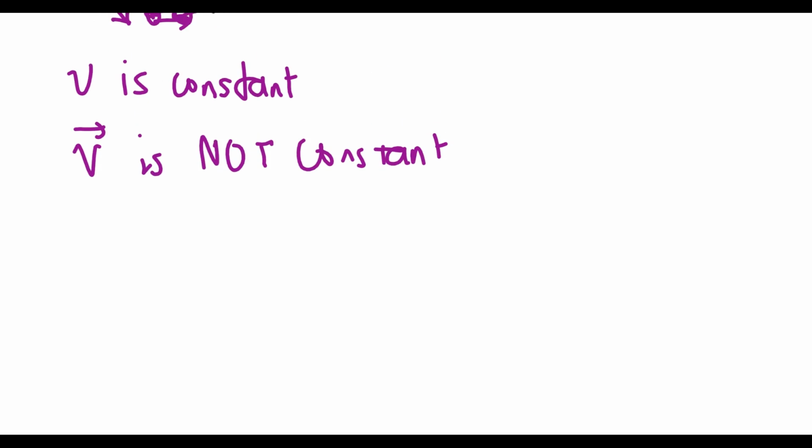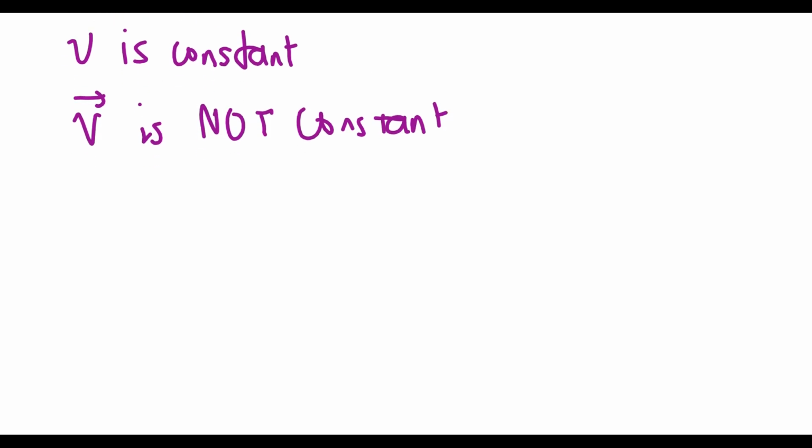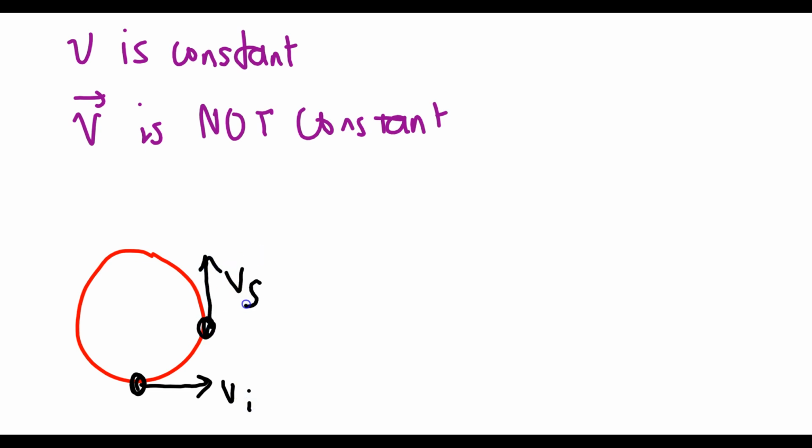So just briefly, let's consider the following scenario. We've got an object moving around a circle, and here it is when it's at the bottom. The velocity points like this. We'll call that VI. Then, at this later moment, we have VF.